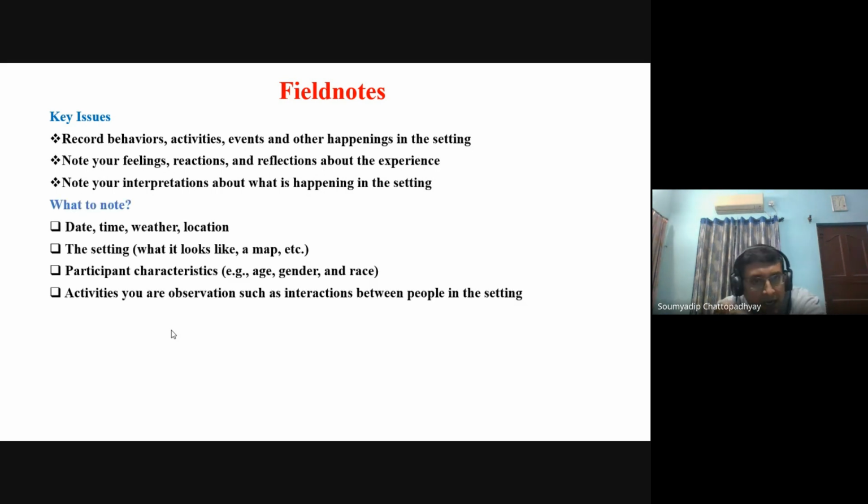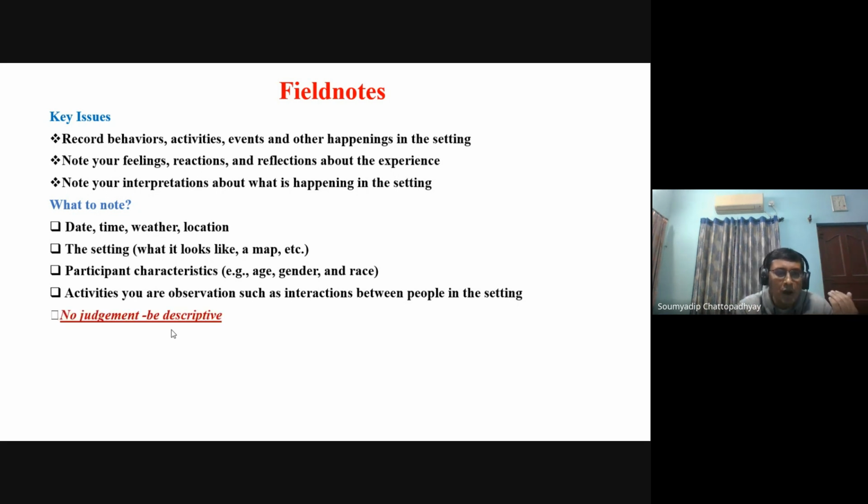And specifically what to note, these are the general guidelines: the date, time, weather, location, the setting, the participants' characteristics and activities, and your observations, such as interaction between the people in the setting. This will help you later to better analyze your data.